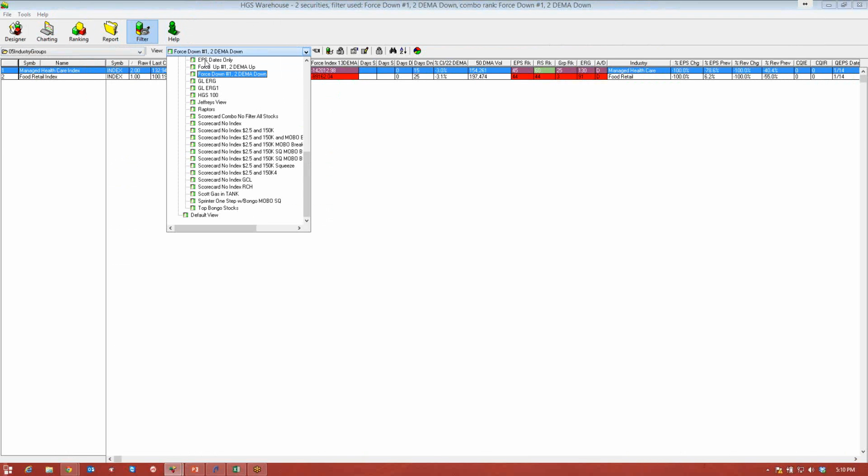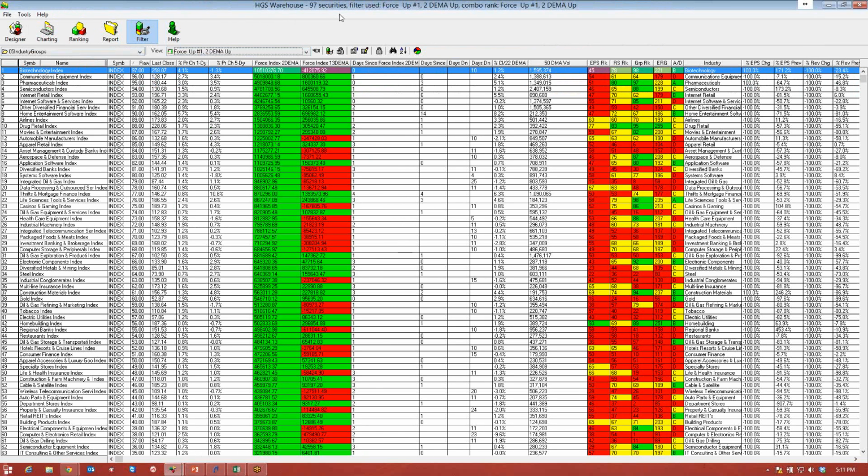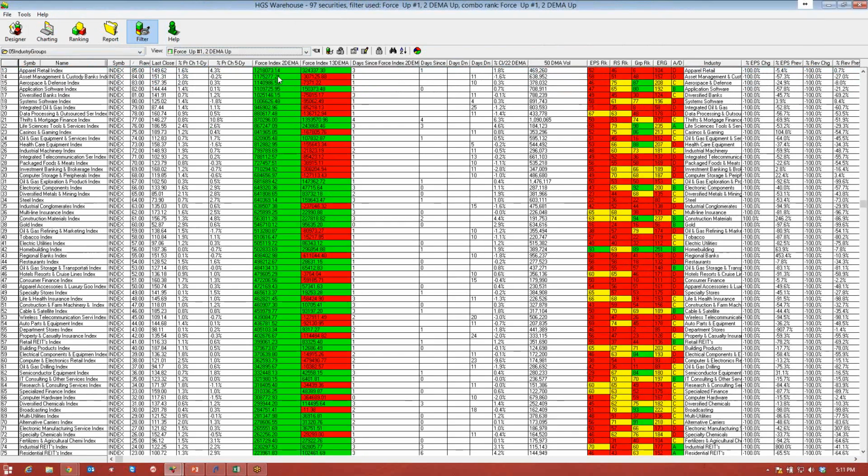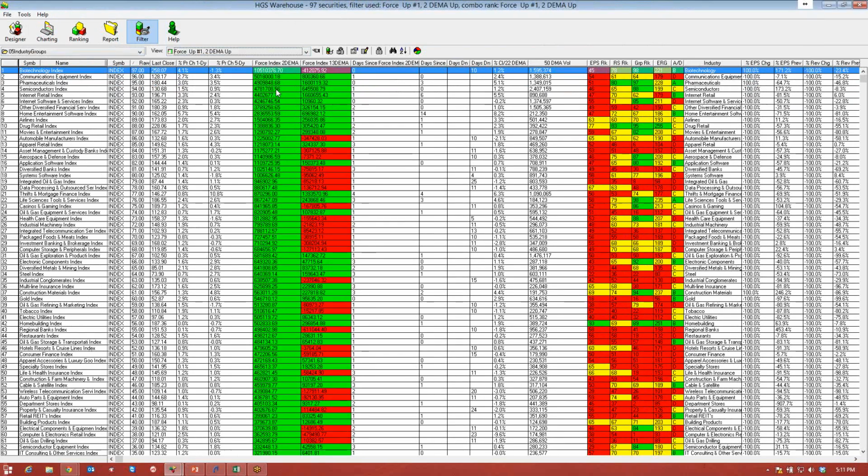If I look at what was up, we went from a handful to 97. So short-term up, most of the index groups, you can see that the 2-day, which is what we're ranking upon, is an exponential average of the 2-day force index.